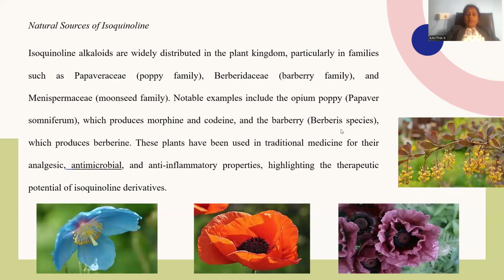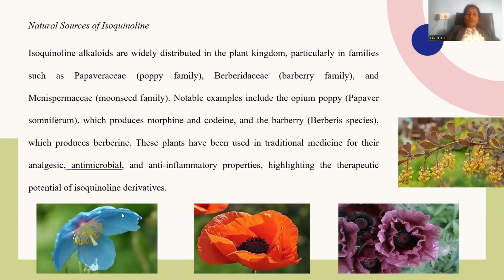And Barberry species are available, and berberine is an alkaloid extracted from them, which has isoquinoline at its skeletal core, and the Barberry plant flower is also provided for your reference.